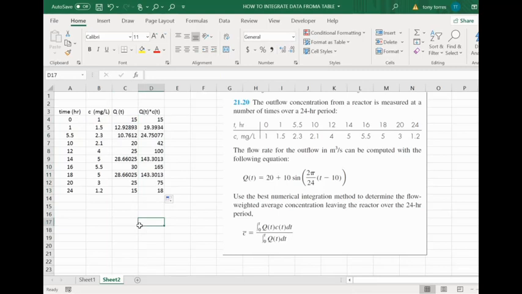Now here's the tricky part. If you want to use a conventional composite Simpson method or trapezium method for a particular n value, it might happen that you will not have the values that you want.